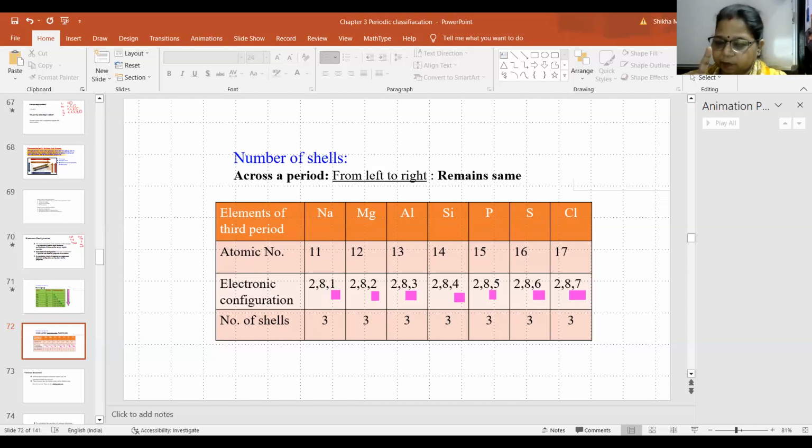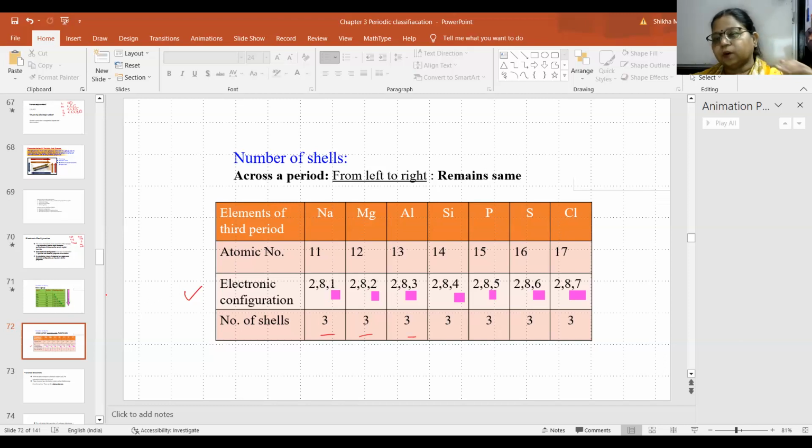Again, I will make you understand one more thing. If I have not written argon after chlorine, no issues in that, because they are unreactive. You can include them and you may not include them. As you can see, in all these elements from sodium to chlorine, they are having 3 shells, right? But the number of valence electrons is increasing.